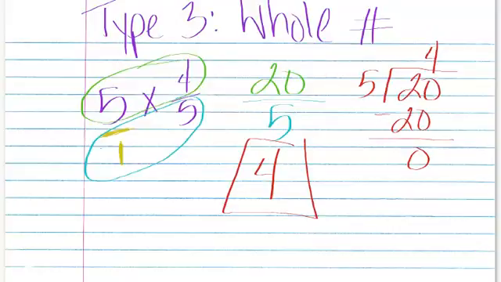Let's see if we can do one that's a little more tricky. Alright, what happens if we have a mixed number thrown in with our whole numbers? If we have 2 times 3 and 2/5. We have our whole number. We have to put an invisible 1 underneath our whole numbers. And what do we do when we have mixed numbers?